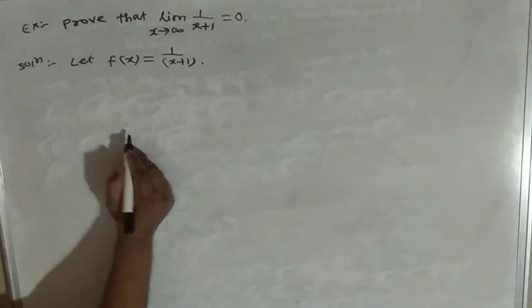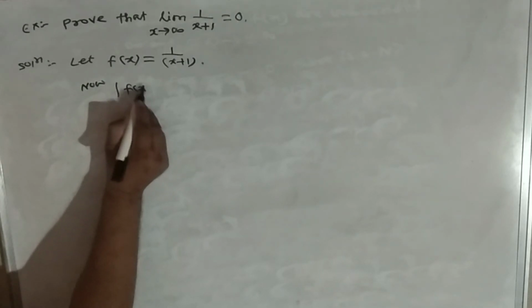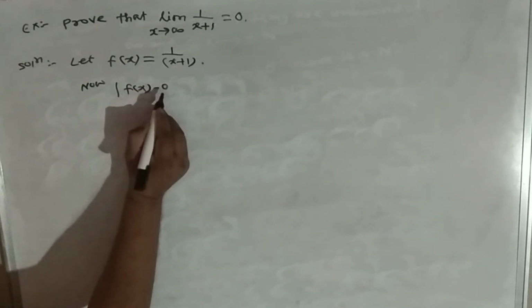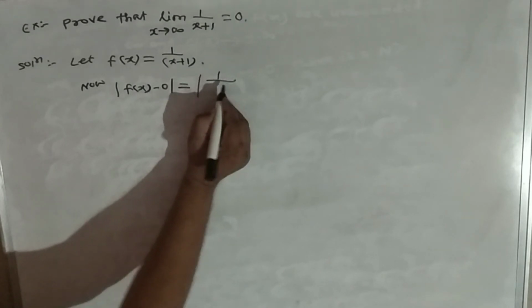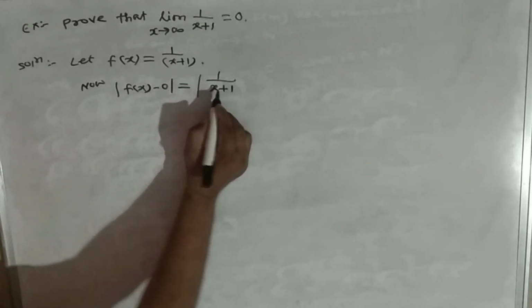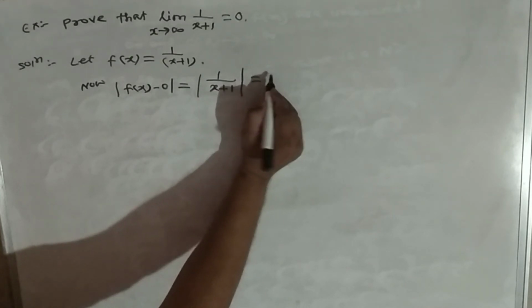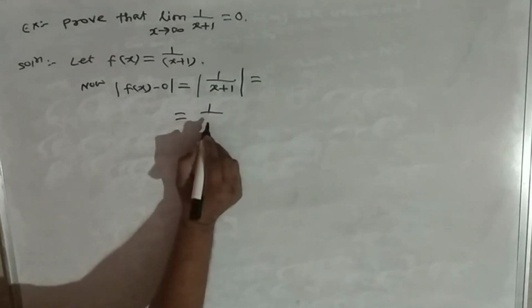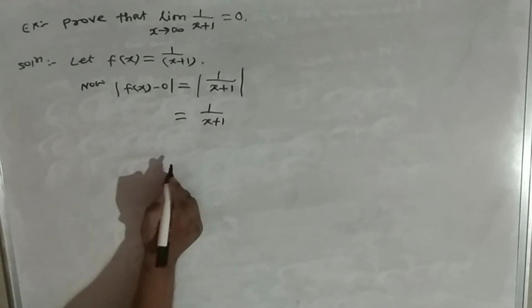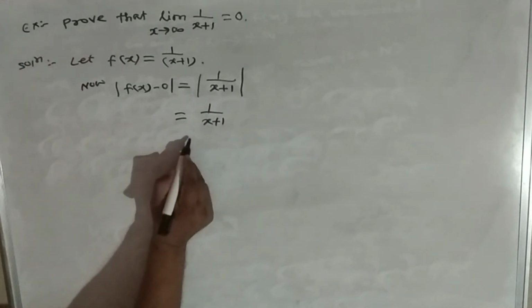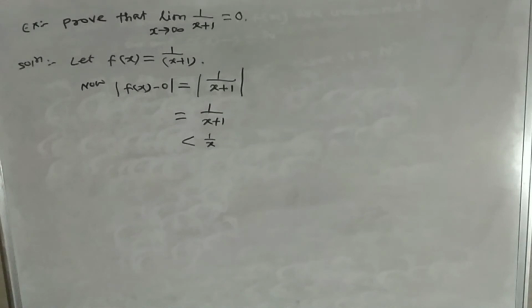We consider this. Now mod f of x minus 0 is equal to mod 1 upon x plus 1, which is 1 upon x plus 1, and this is strictly less than 1 upon x.